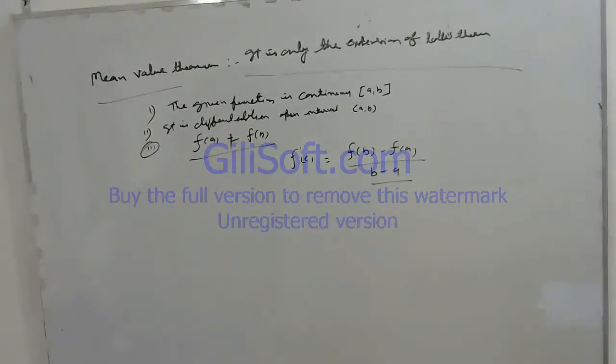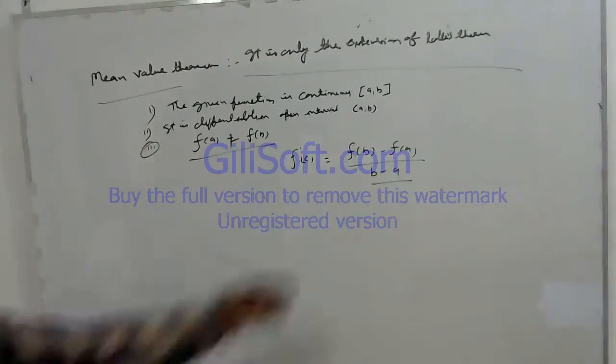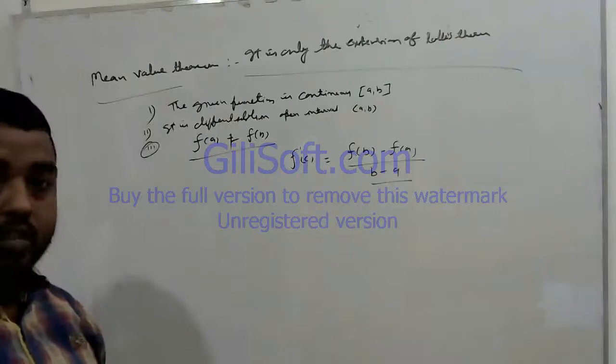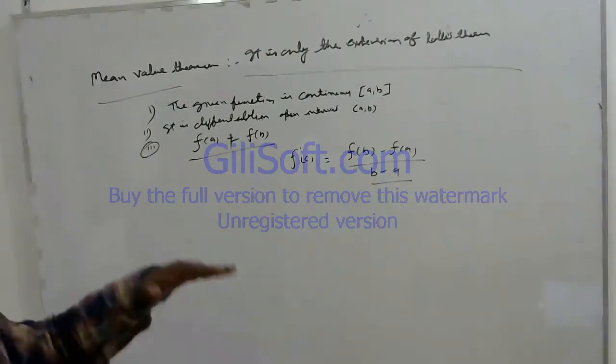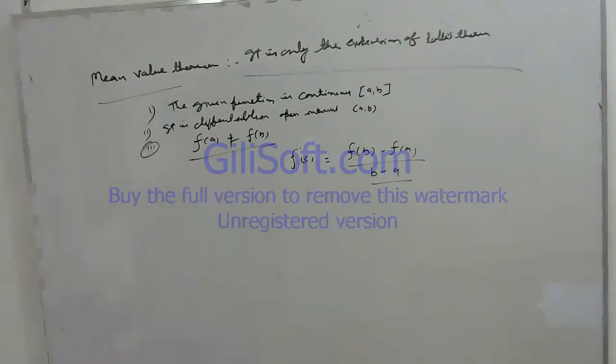Okay. Now first mathematically prove the given things, and next I will explain what is the geometrical meaning of this mean value theorem. Just like Rolle's theorem, I have given the meaning, and similarly we will tell what is the geometrical meaning. First, the mathematical proof. Look here.